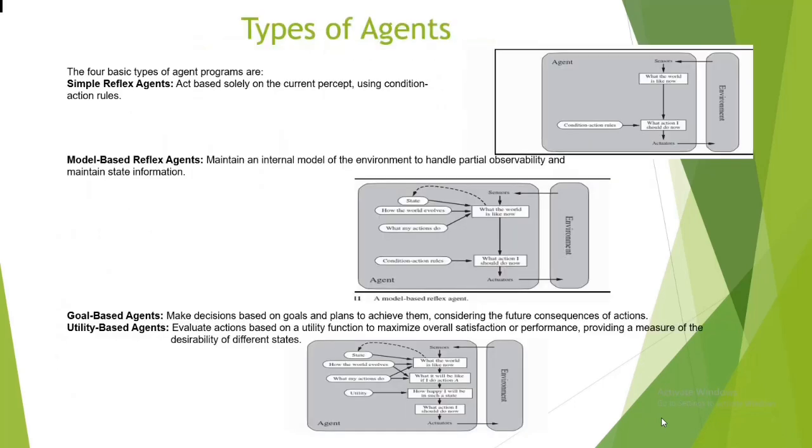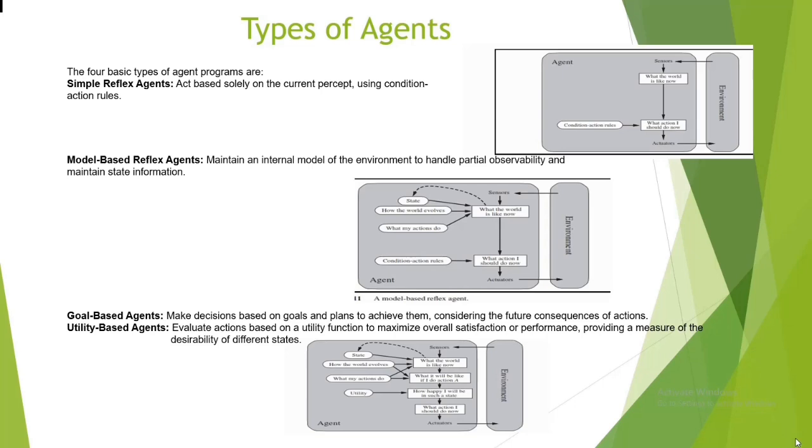Now some types of agents: simple reflex agent and model-based reflex agent. A simple reflex agent acts on the current percept using condition-action rules. So based on this only, simple reflex agents will work. A model-based reflex agent maintains an internal model of the environment to handle partial observability and maintain the state.